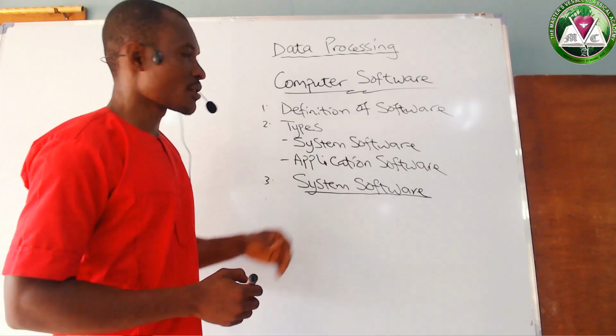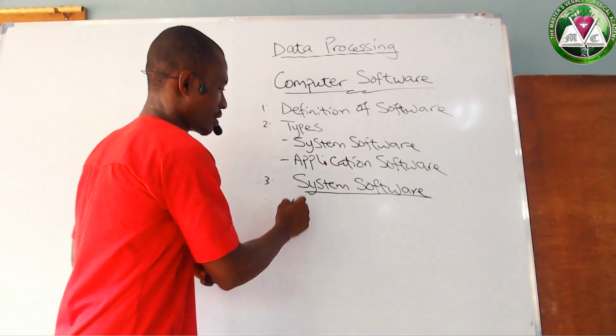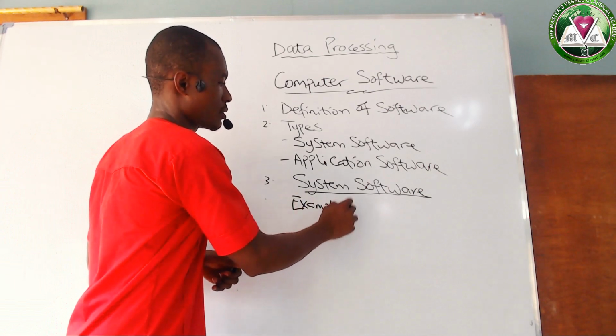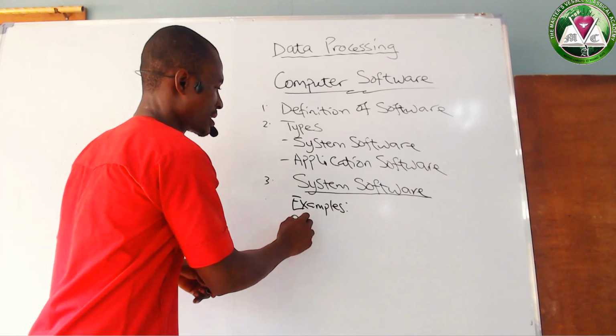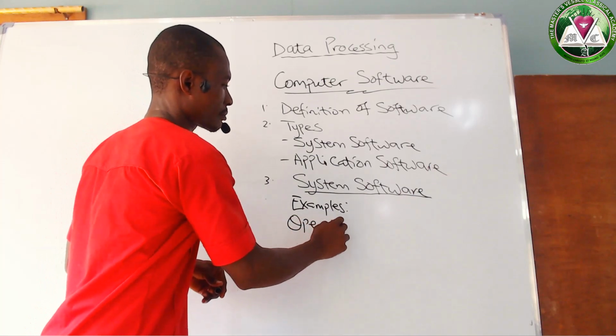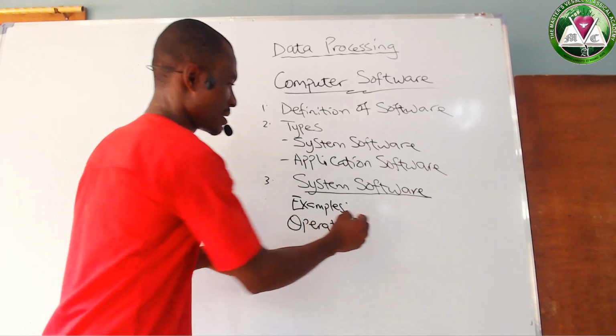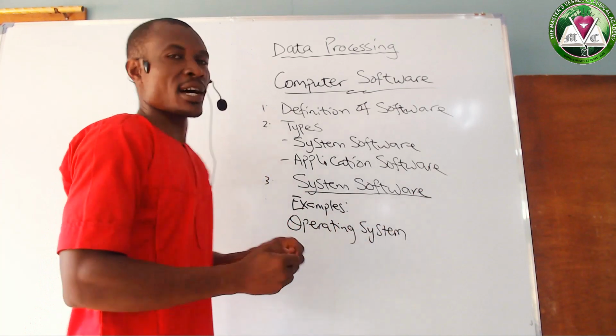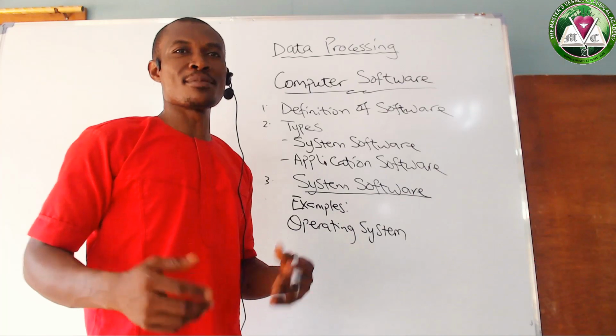Now, under system software, an example of system software is the operating system. Some people call it operating system software.